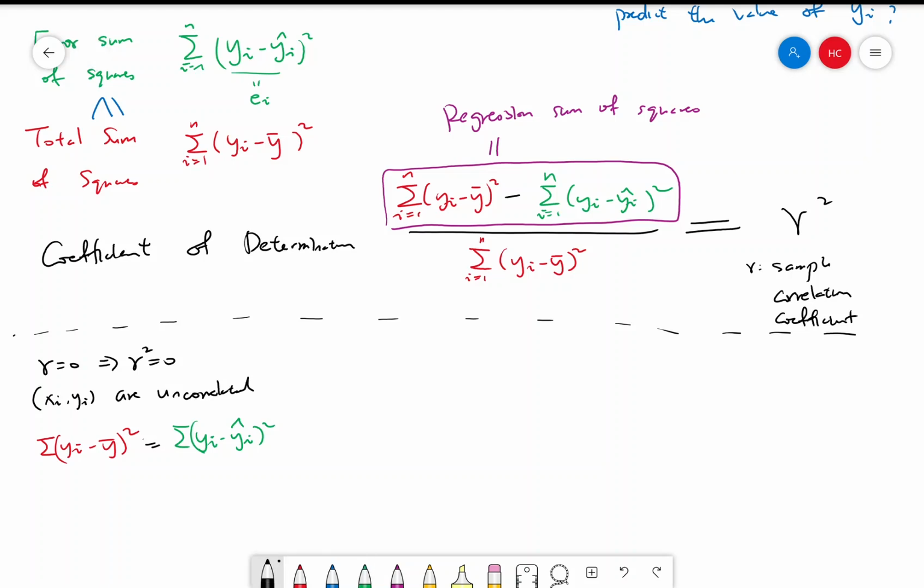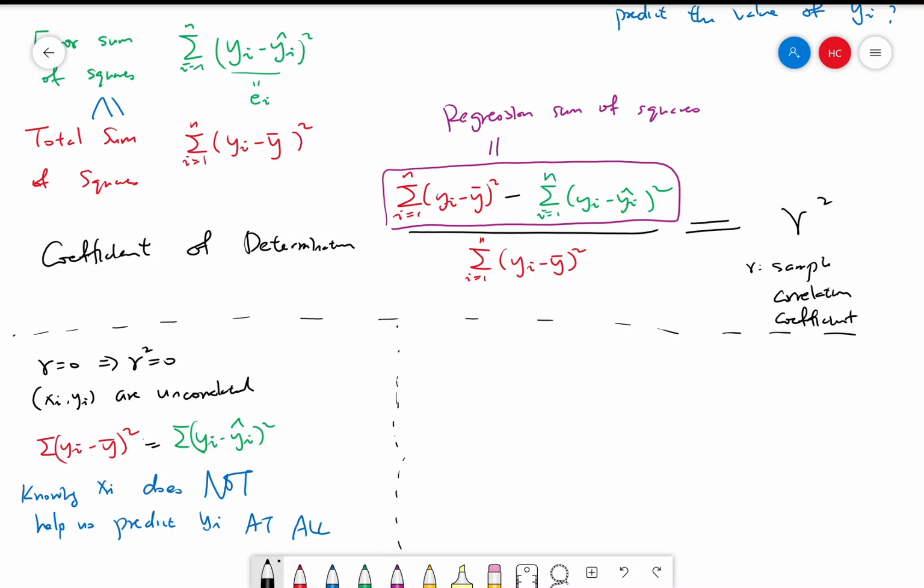Well, this is the worst scenario possible because we want the green prediction to be better than the red prediction. But in this case, the green prediction is not better than the red prediction. So this is saying that knowing xi does not help us predict yi at all. And you can kind of figure it out because xi and yi are not correlated. So knowing xi does not help you at all to know anything about yi. So that's one of the extreme cases.